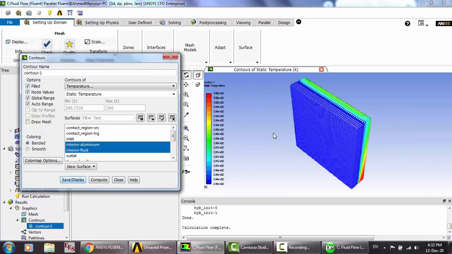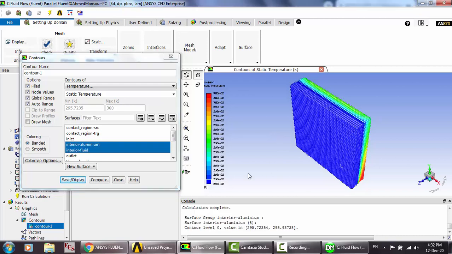Now we have these values. This is 296. Why? Because the air enters at 300 Kelvin, while the free stream temperature is 292.